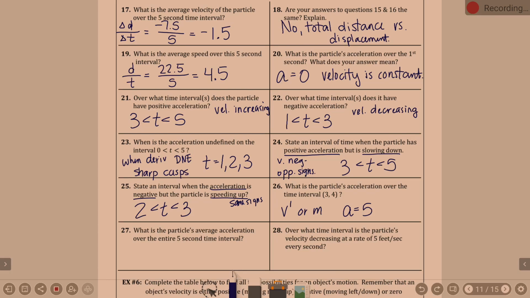So think, velocity, when we did average velocity, it was distance over change in time. Average acceleration is going to be what? Change in velocity over time. Which means in this case, the velocity at 5 minus the velocity at 0 over 5 minus 0.